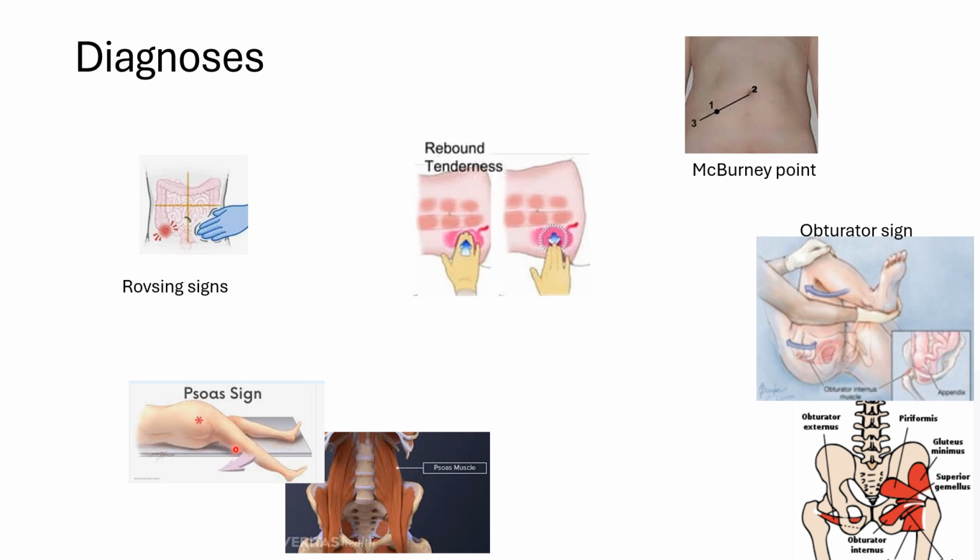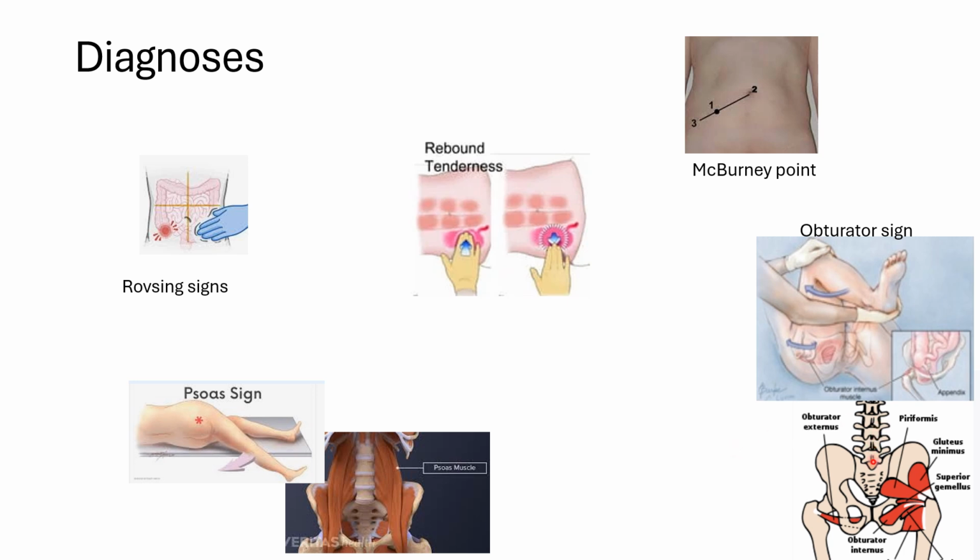With the extension of the leg on the right side, the inflammation that is happening there has an effect on the psoas muscle, and that's why the patient will feel pain, and that's why the name of this exam is psoas sign. It's just because of the muscle that is in this area.